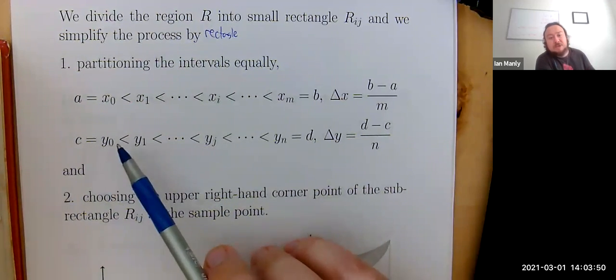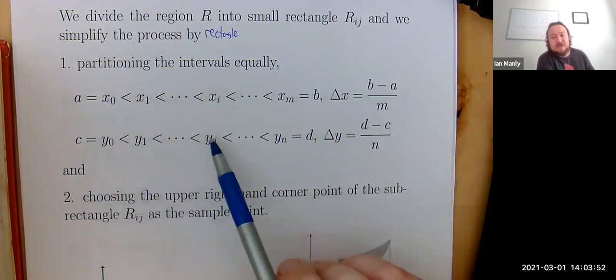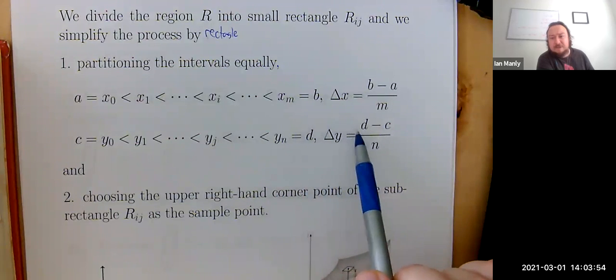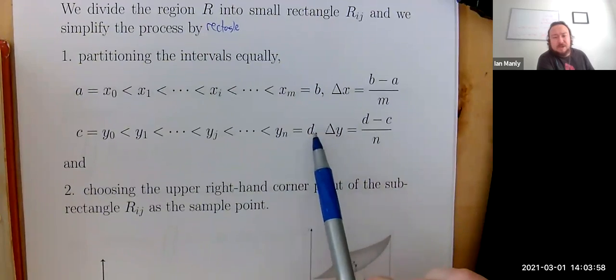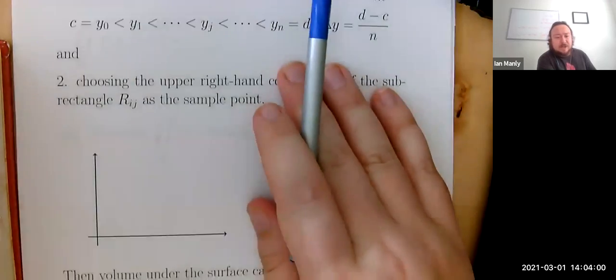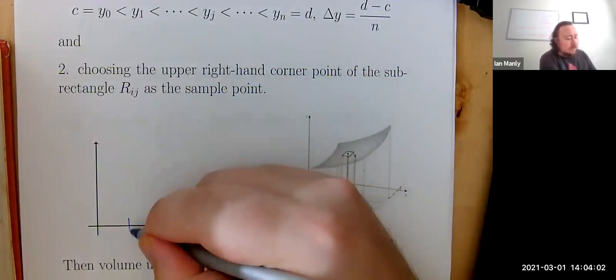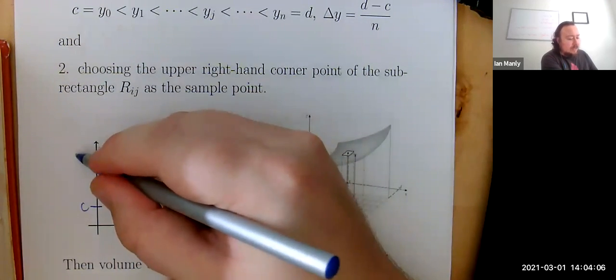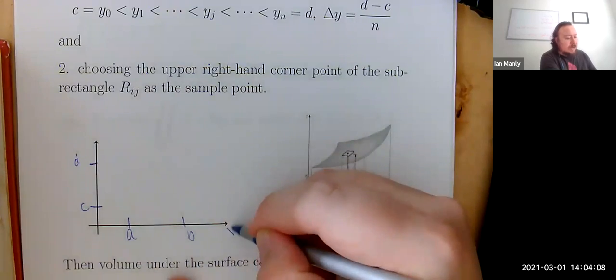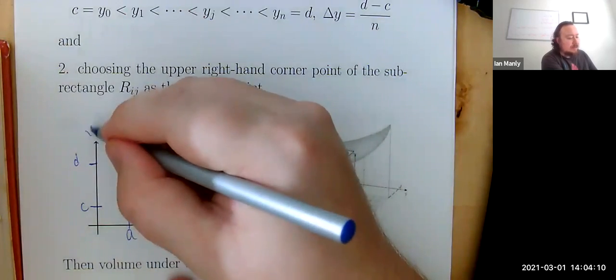In the same way, we're going to do the same thing with the y's. We're going to have equal intervals between all of these y values right here, and we're going to call that interval length delta y. Now, once we break things up like that, what do we get? Here's a to b, which are x values. Here's c to d, which are y values.